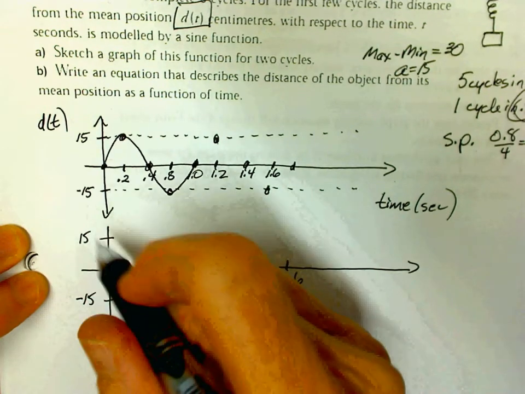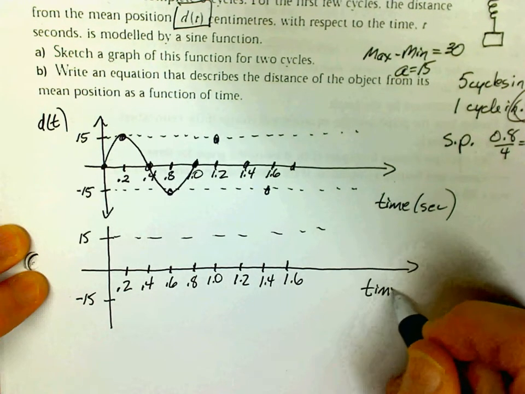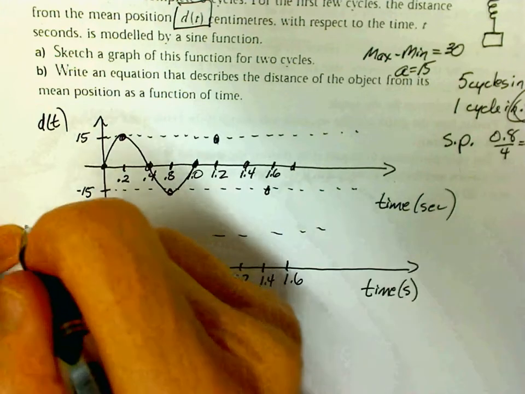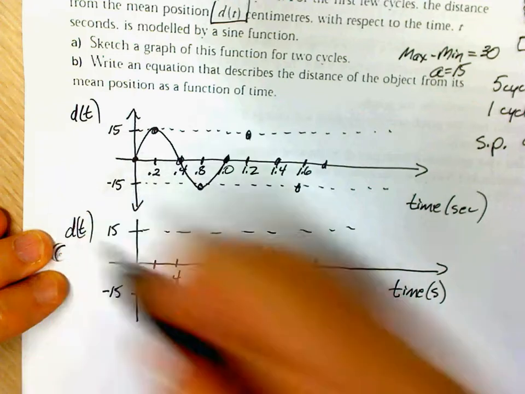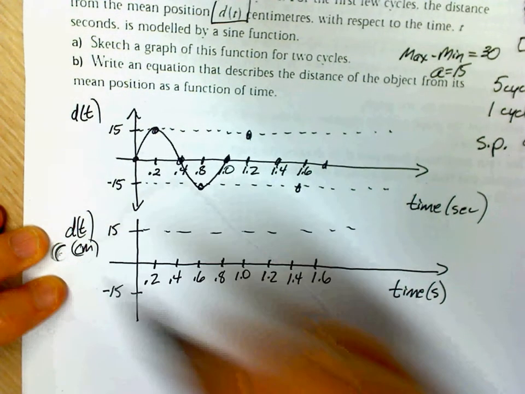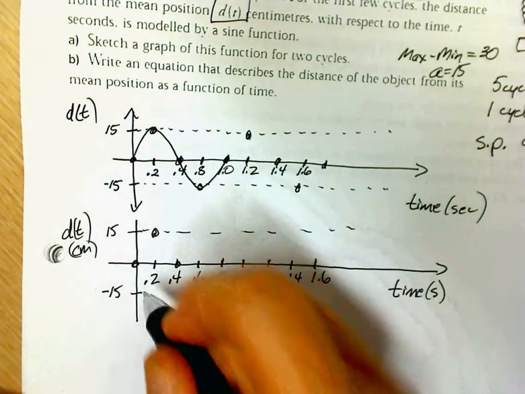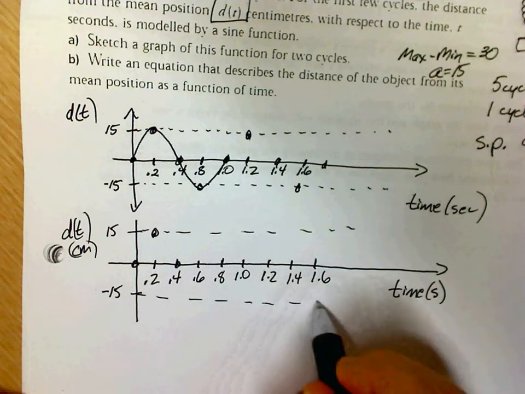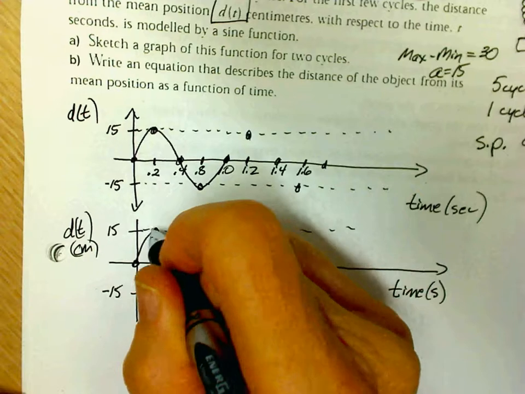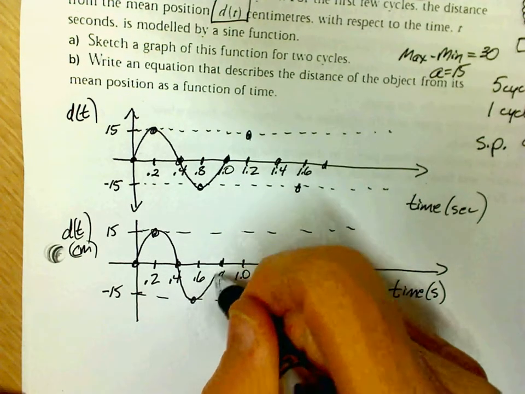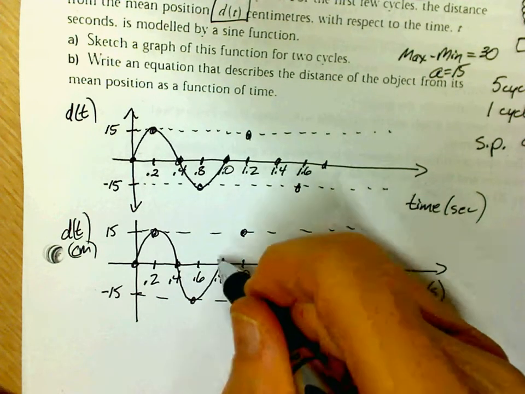This is time in seconds, and this is d of t in centimeters, right? So there, there, there. This is just a rough sketch. There we go.